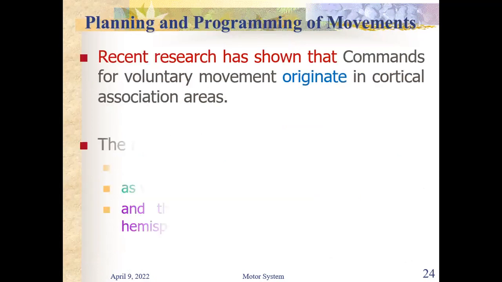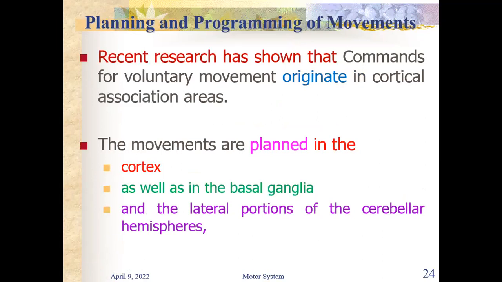Okay, so we go to planning and programming of movements. Research has shown that commands for voluntary movements originate in the cortical association areas as well. What do I mean by cortical association areas?